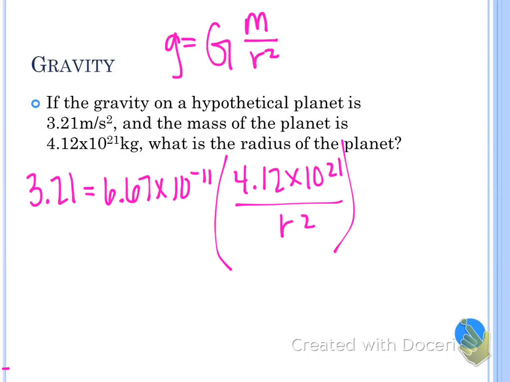Okay, so algebraically we're trying to get r by itself. Okay, and don't forget to square root your r value at the end since it's r squared.